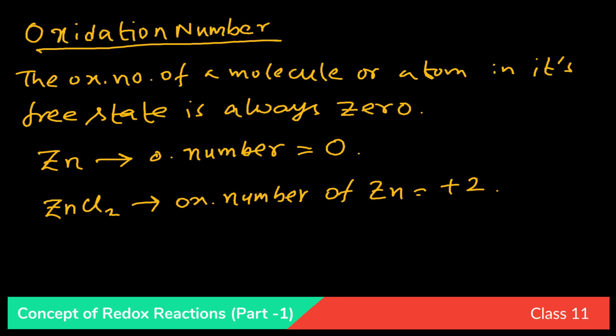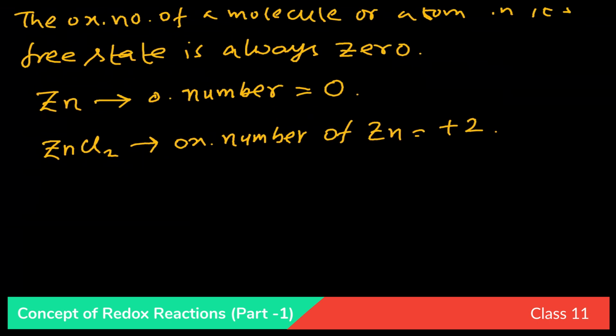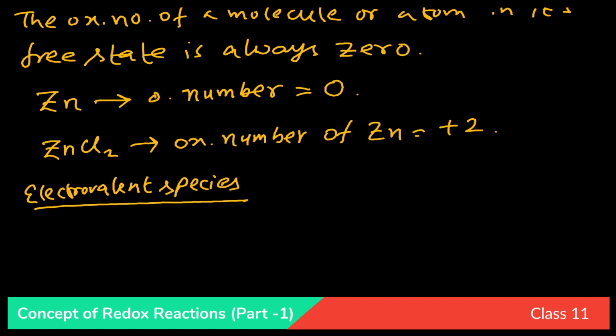Now, to determine the oxidation number of an electrovalent species, it will be equal to the number of electrons that it will lose or gain during the formation of an ionic compound.